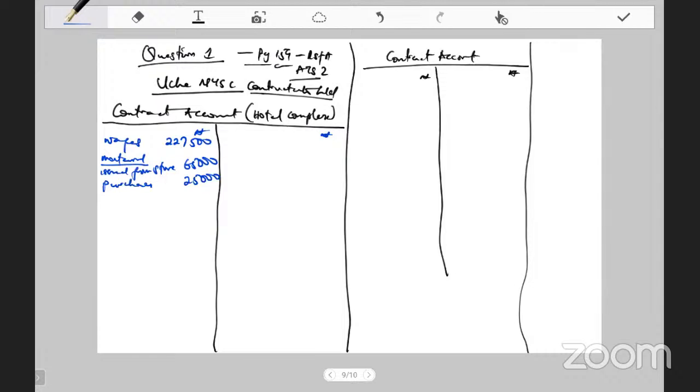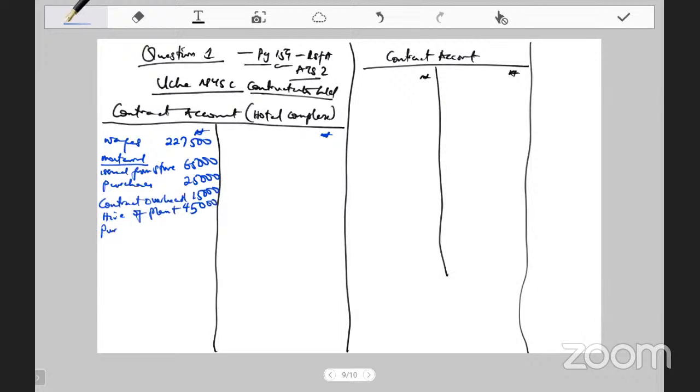Contract overhead. How much is that? 15,000. Next. Hire of plant. How much is that? 45,000. Next.